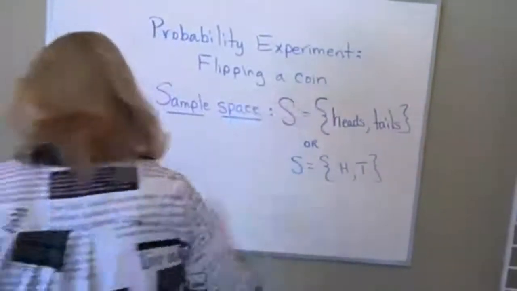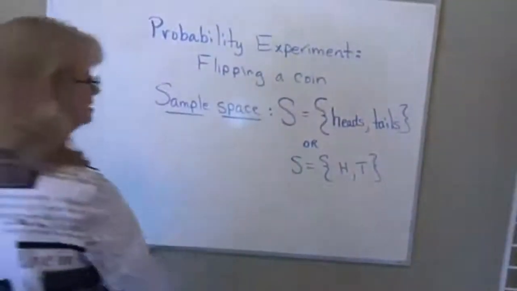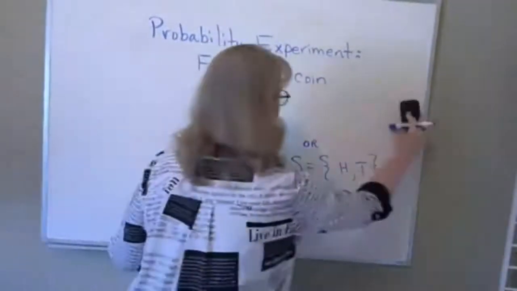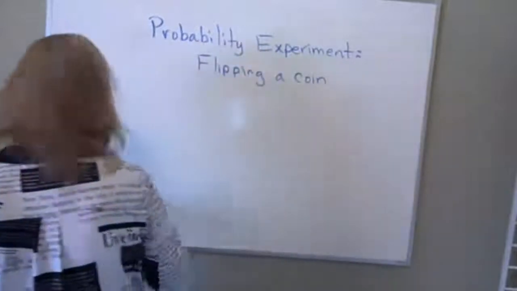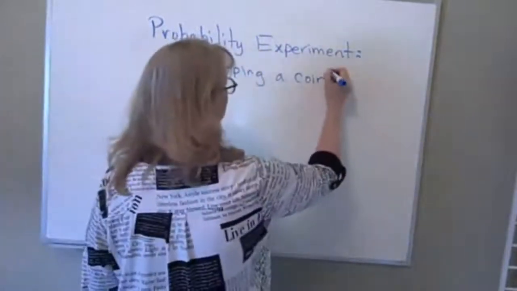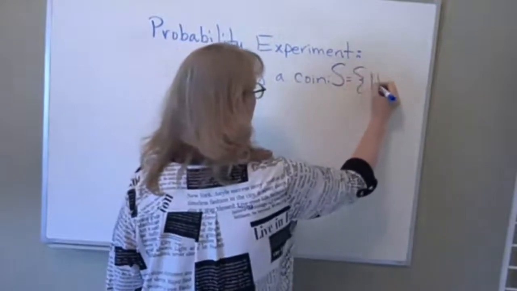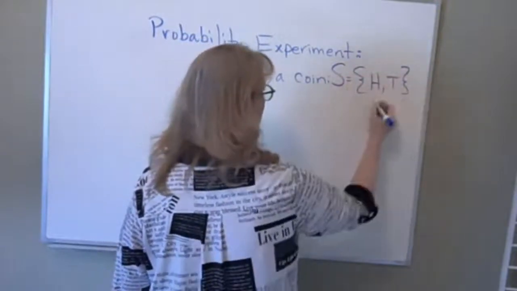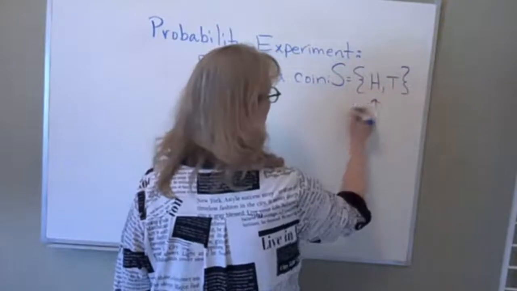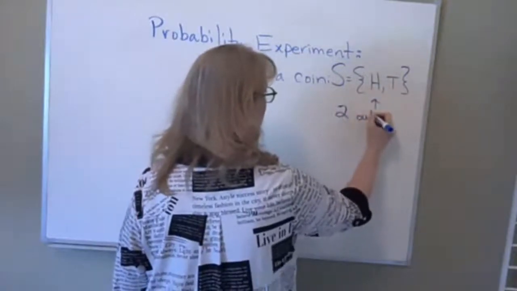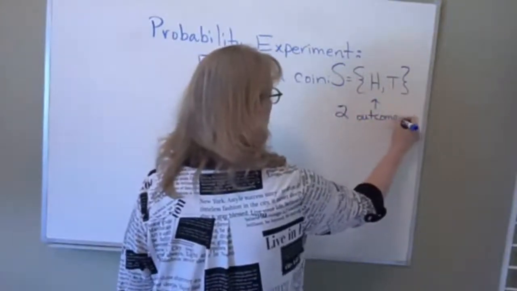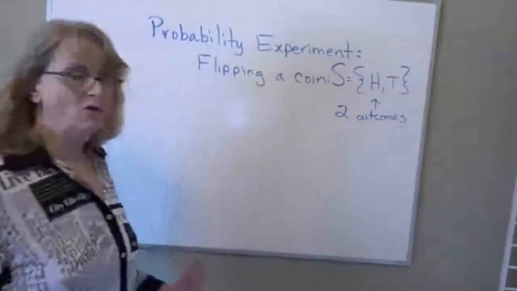So suppose we're flipping a coin, and there's our sample space. So two possible outcomes for flipping a coin.